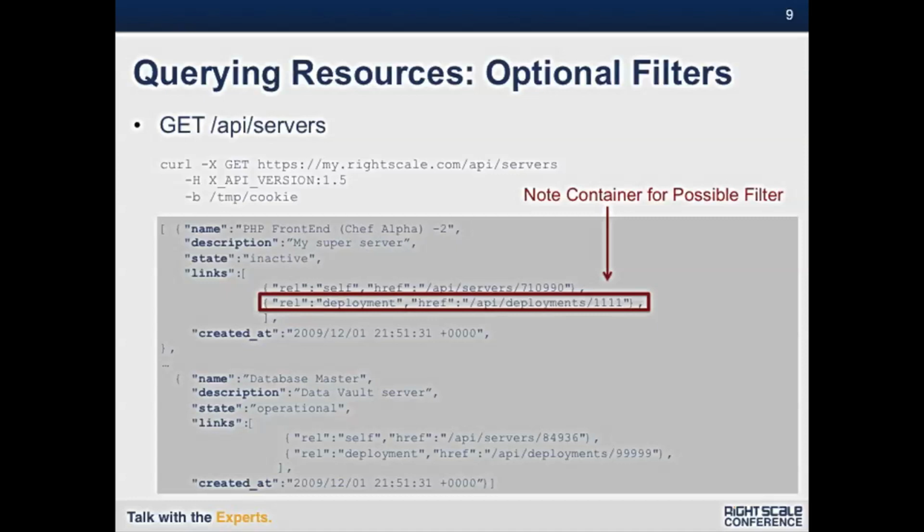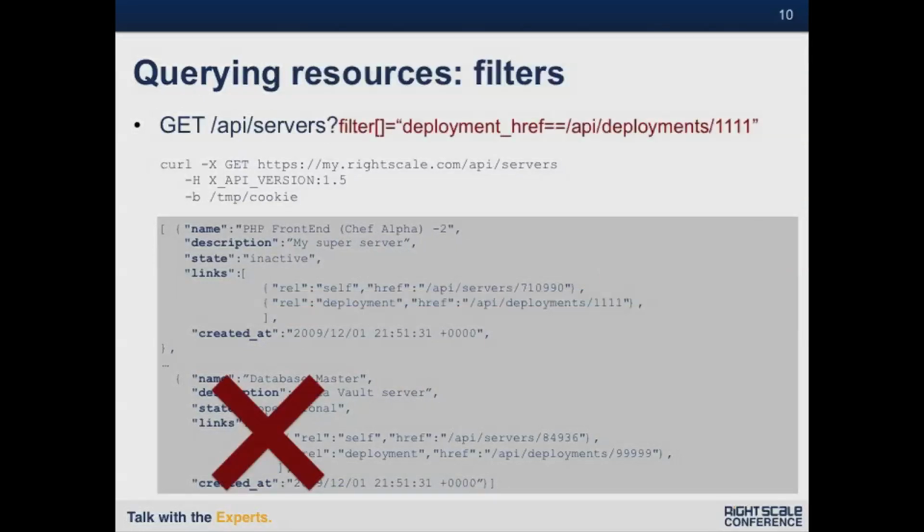This time, in this case, this is JSON output. But what you can see here is that, for example, this first server belongs to this particular deployment, 1111. So maybe what I could do is get me the servers that belong to this deployment. To do that, we use the filter that I said before. I'm going to add one filter that says the deployment href has to be this.